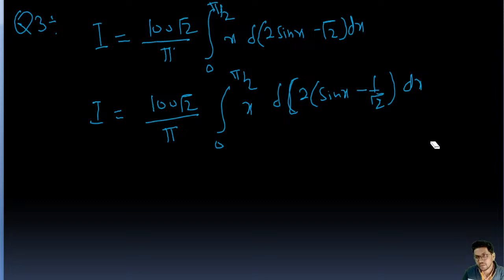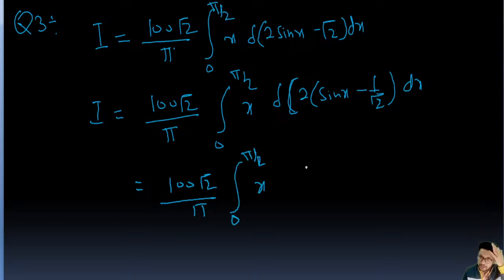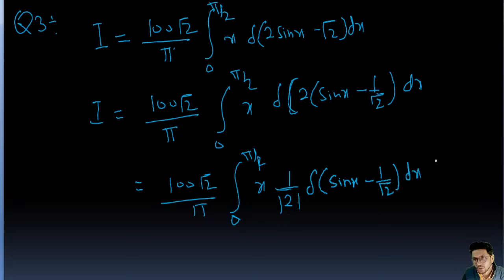So this is going to be 100√2/π times the integral from 0 to π/2 of x times 1/|2| times δ(sin x − 1/√2) dx.